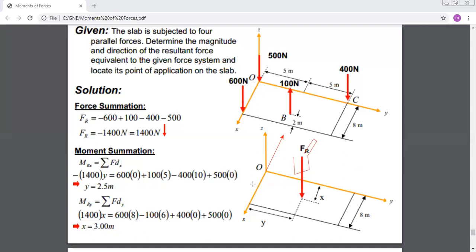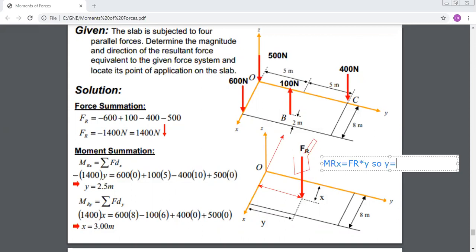Now, to know how much you should move in the positive y, you know that the moment of a force about x can be calculated by doing what? By taking the distance, which is along y, times the magnitude. So you should say that to have equivalent system, resulting moment about x should be equal to Fr times y. So you deduce what is the distance you should displace your force with.